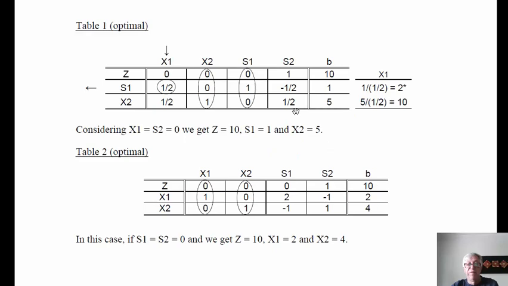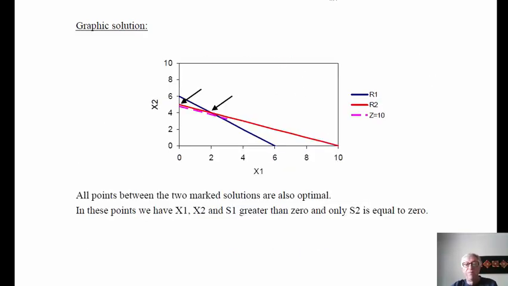Before looking at the graphical solution, it's important to note that the simplex method just gives us basic solutions. That is, basic solutions are the vertices of the solution domain. So what we are obtaining here and here is just two vertices. And what we can see here, so this is the graphical solution. We just need to represent the first restriction, the second restriction. This is the line in pink.